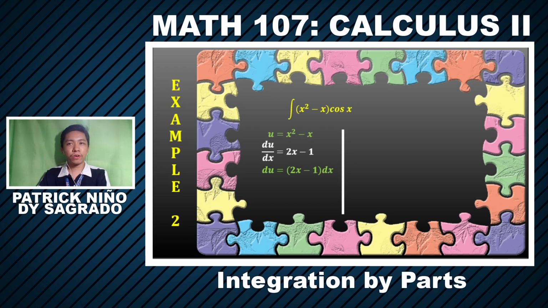Mr. Tohong, can you tell us what is our v and dv? Our v and dv is correct, as you have said, cosine x for dv, and for v we have sine x. So let's try to put that into our equation.